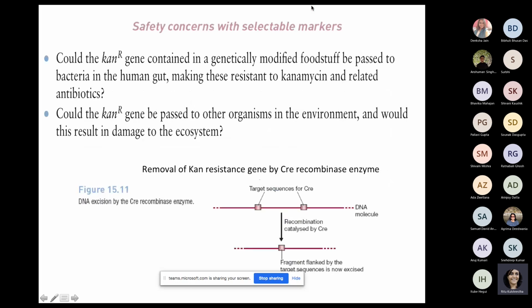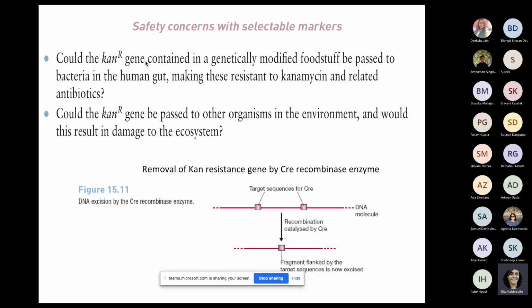Now, coming to the safety concerns, one concern was that apart from your gene of interest, because of the selection process, for making any transgenic organism, you need to have a selectable marker. So one concern was whether this selectable marker that is going in the crop will affect human health or not.